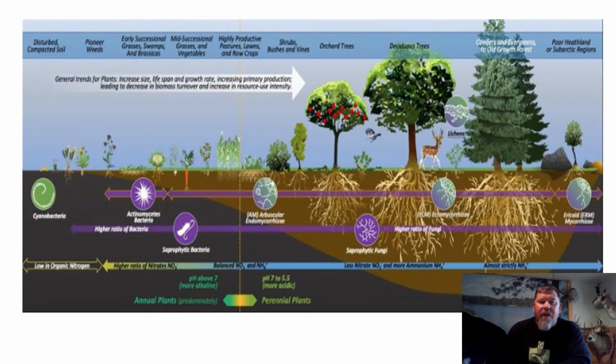As we get that established, we move into our early successional plants. We're getting close to that 3-to-1 bacterial to fungal ratio. So we're reducing the bacteria and upping the fungal content of that soil, and that gets us into our brassicas and some of the early grasses.